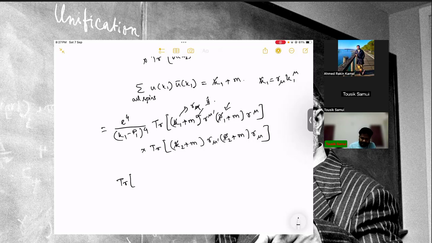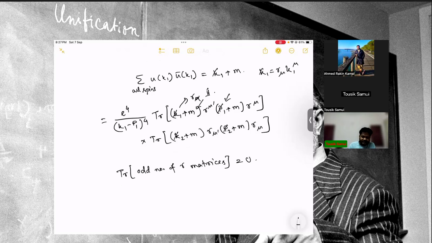Now this trace with odd number of gamma matrices actually vanishes. So only even number of gamma matrices contribute. Hence, after all this multiplication, this will be boiling down to trace of, so one term that will be here is gamma prime, and then p1 slash gamma mu, and then other term.